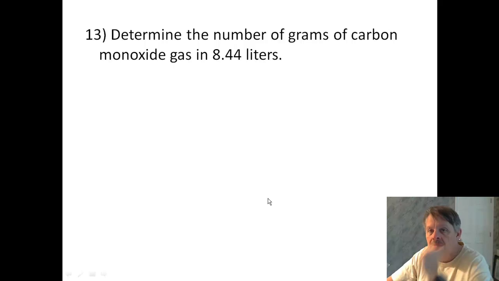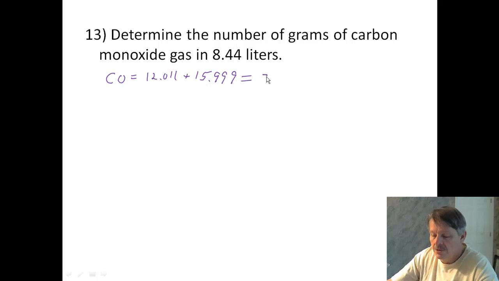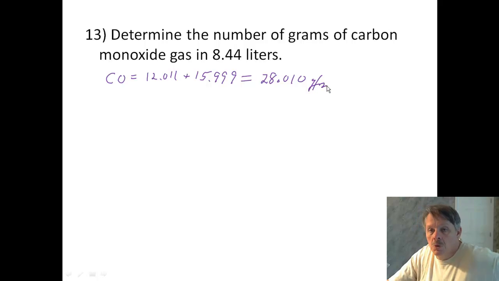All right. Now determine the number of grams of carbon monoxide gas in 8.44 liters. Well, now I do have to calculate the mass of carbon monoxide, which is C plus O, 12.011 plus 15.999, which gives me as an answer 28.010 grams per mole.